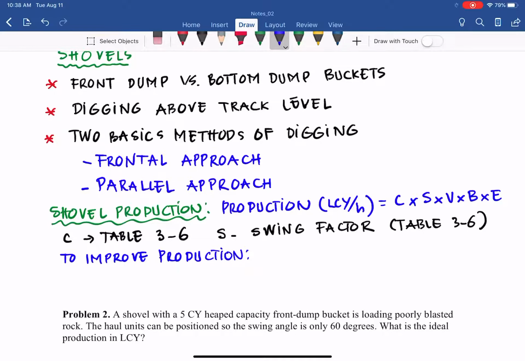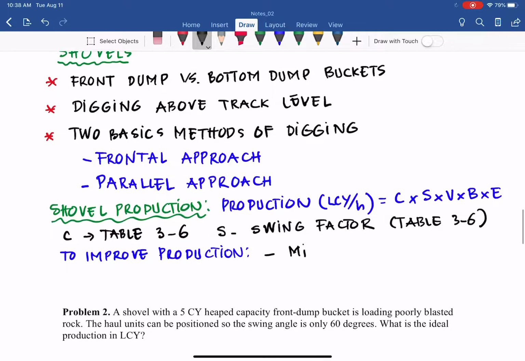The first is to minimize the angle of swing so that we reduce the cycle time and increase the number of cycles, C. And we can move the shovel up frequently so that we can have more load applied to the material.